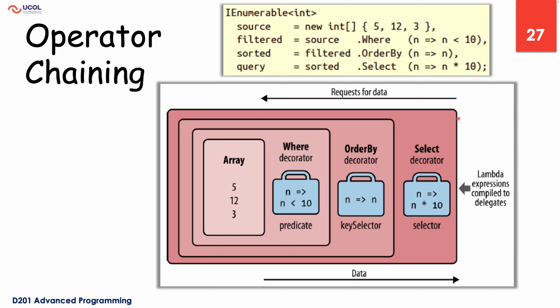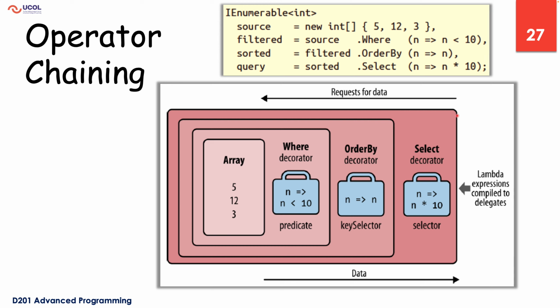The request for the data will go from the outermost to the innermost, but the data flow is on the other side, from the innermost to the outermost. So first it will apply the filter, then it will apply the ordering, and then it will select and perform certain things on each individual object, and then it will return the list.